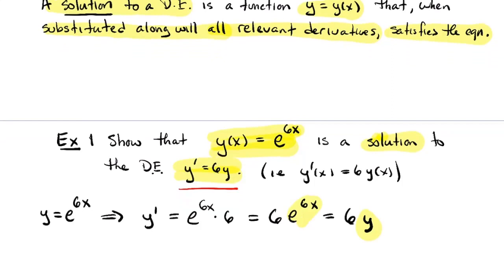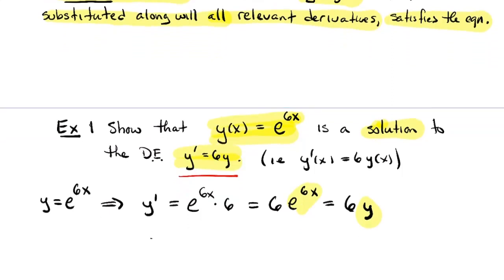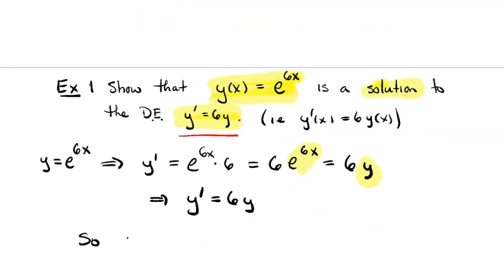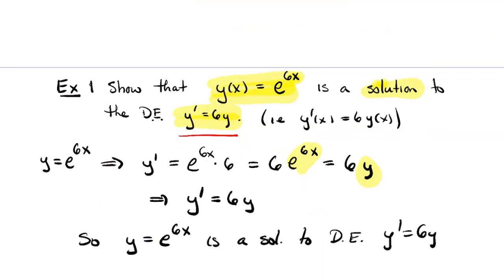So instead of plugging in, I've just kind of derived it. What did we learn from this computation? That the derivative we just calculated is in fact 6 times y. So that shows that y equals e to the 6x is a solution to the differential equation y prime is 6y.